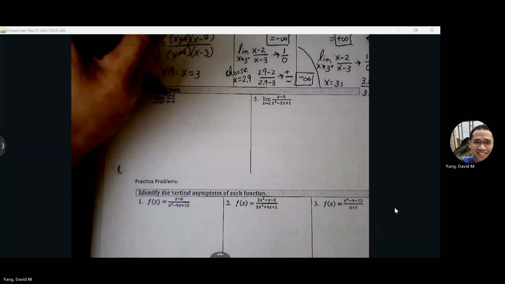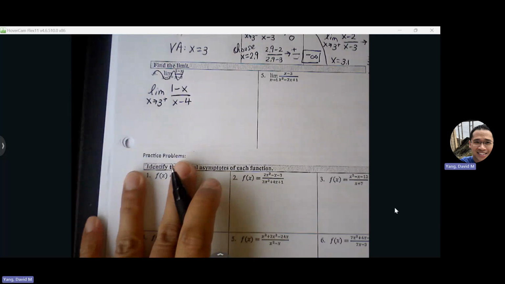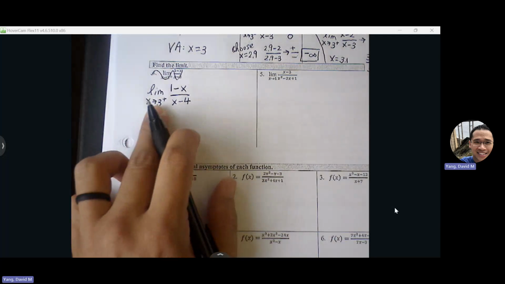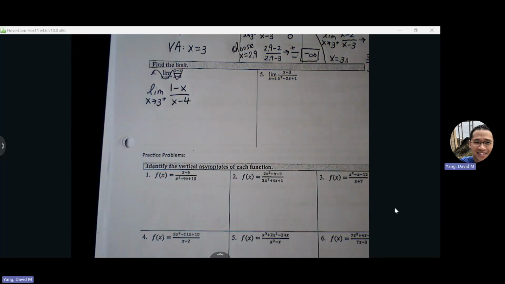So let me change number 4 a little bit just to show you what I'm talking about. Okay, let's say I gave you this problem here. Limit as x approaches 3 from the right side of 3 of 1 minus x over x minus 4.